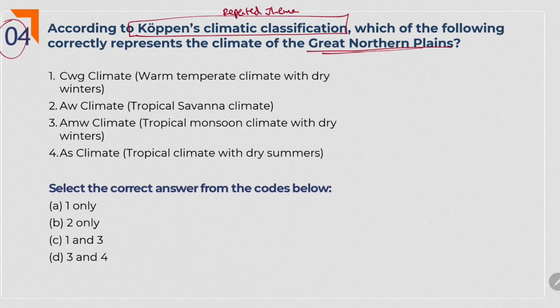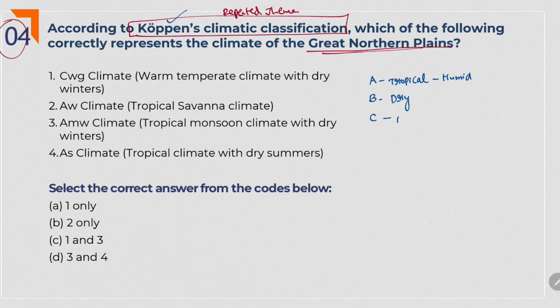See, first we will see the major types of climate according to Köppen. Capital A represents tropical climate. Means it is humid. Of course, tropical area is humid. And capital B refers to dry area. Capital A is tropical, capital B is dry.